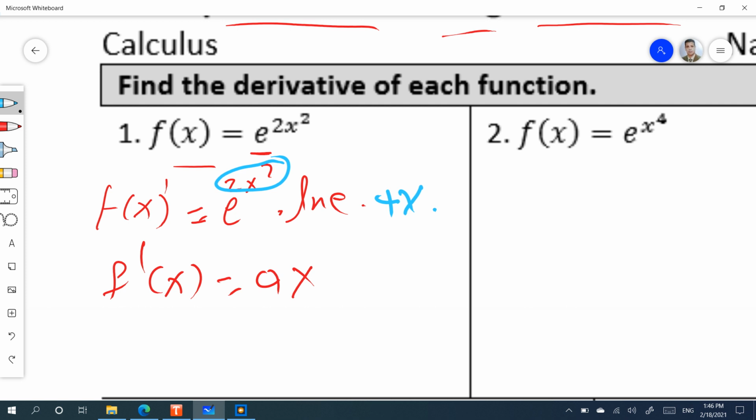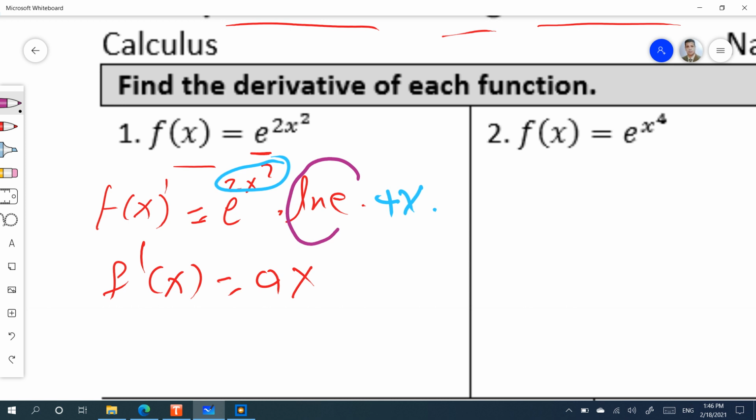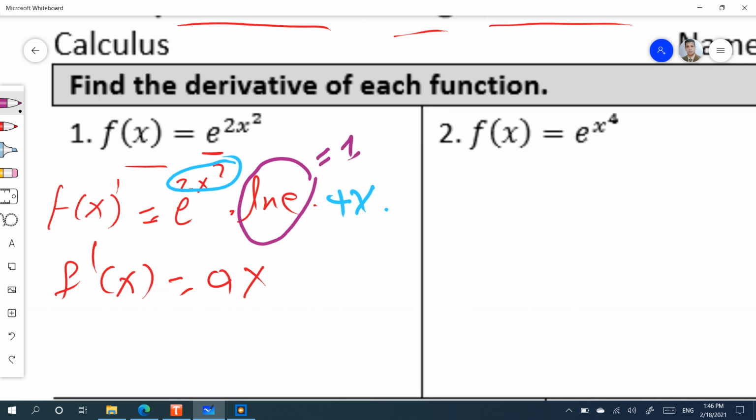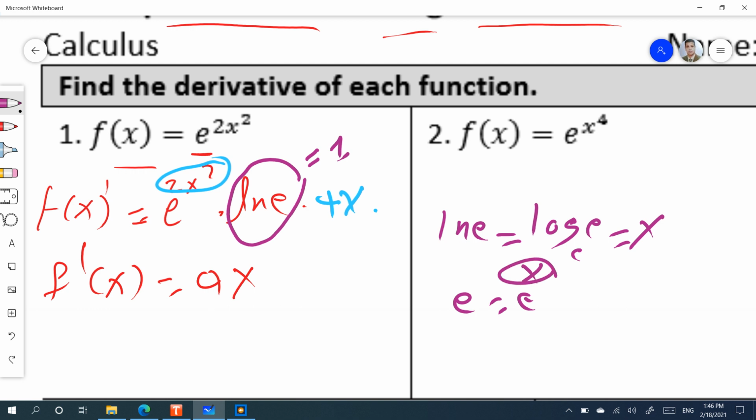Here we must note that ln e always equals 1. Why? Because ln e equals log of e to base e, equal to x, therefore e equals e to the power x, therefore x must equal 1.